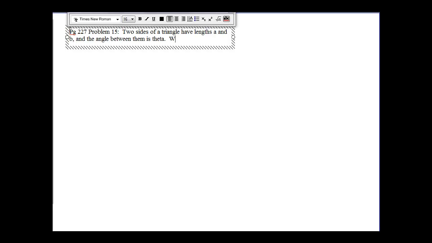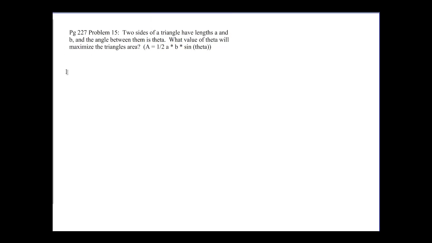What value of theta will maximize the triangle's area? We're also given a hint here. One way to express the area of a triangle is area is 1/2 A times B times the sine of theta. So we will go through here and work to solve this problem.